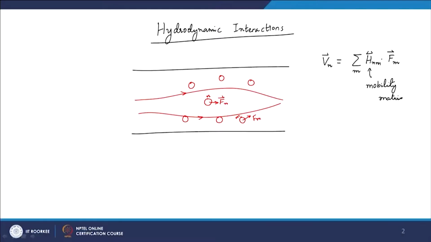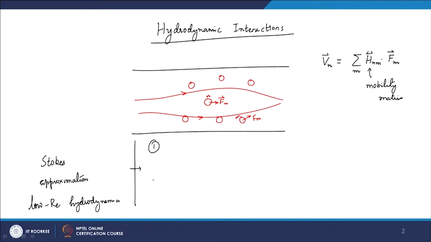So the approach we are going to follow, as we already hinted, is we are using the Stokes approximation or low Reynolds number hydrodynamics that essentially is based on two key ideas.